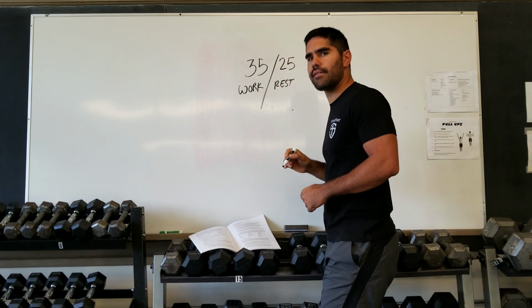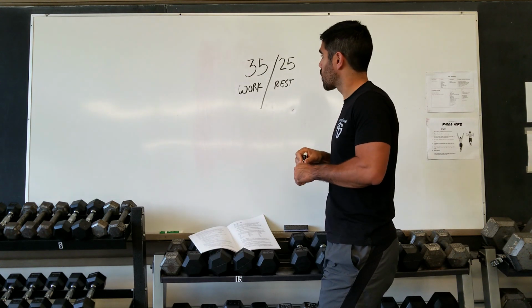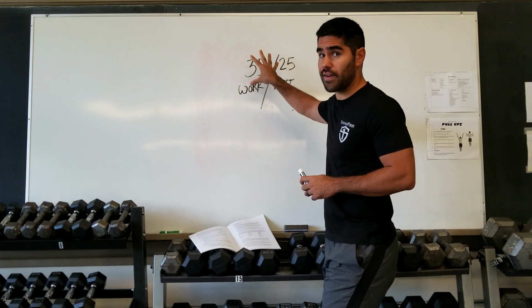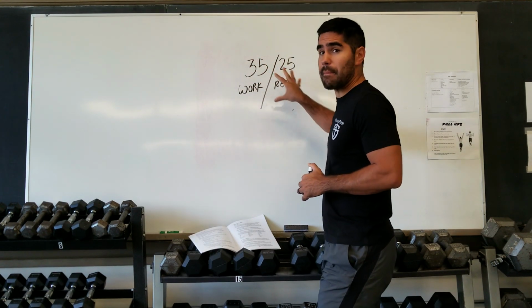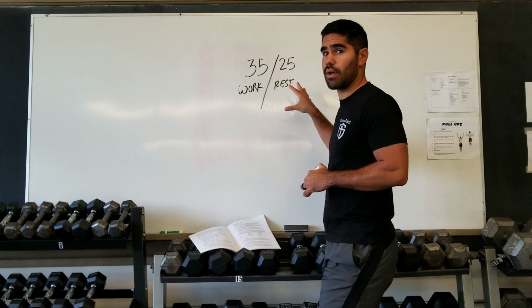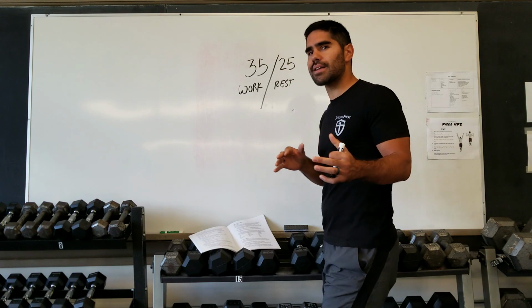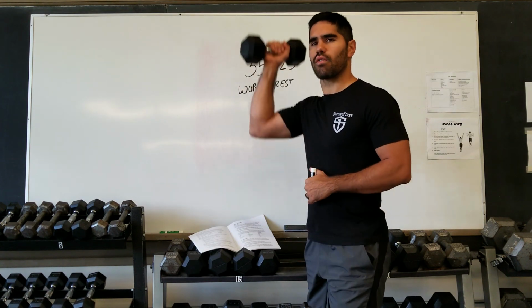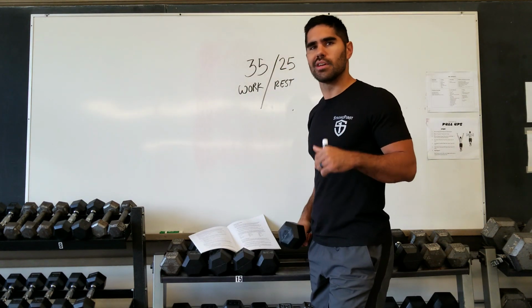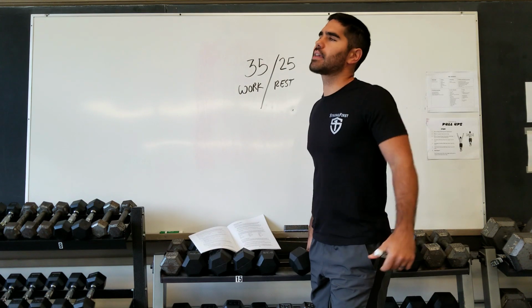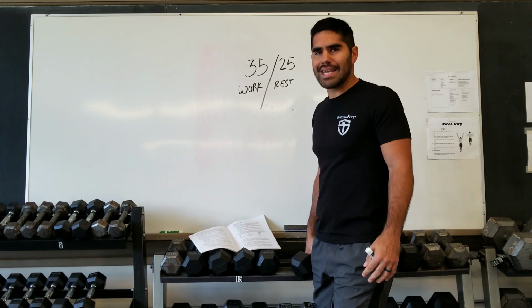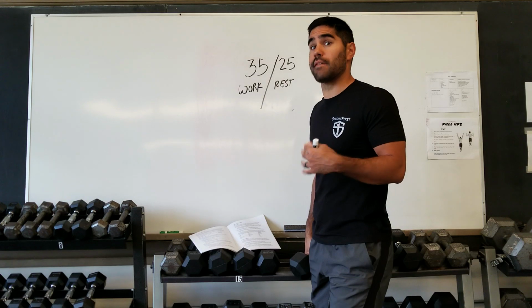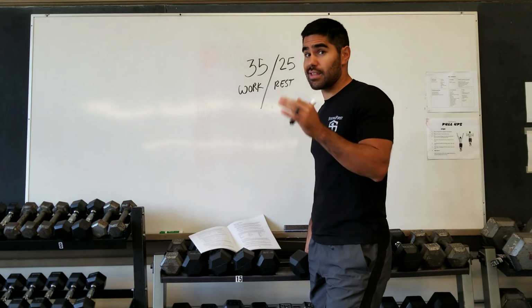That's 35-25. Okay, I'm going to do my squats for 35 seconds, and then the rest of that minute, the 25 seconds, I'm going to rest. So notice how that's different from working with a rep-based workout as well. Instead of me doing those overhead presses or whatever the movement is for 12 to 15 reps, and then kind of going to my next exercise or my next set when I feel ready, we're setting the guidelines.